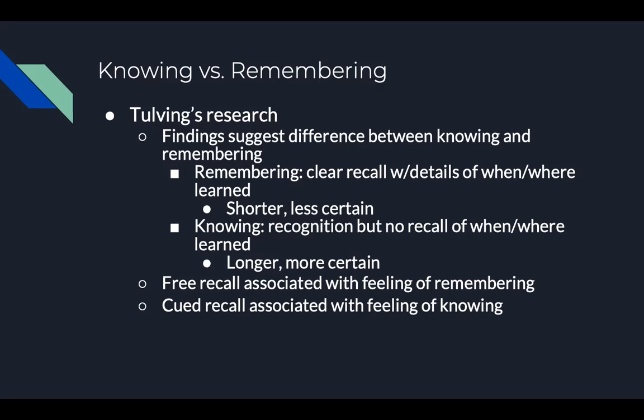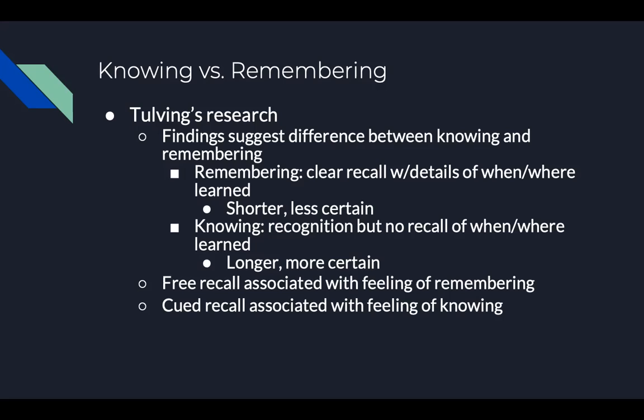And so, interestingly enough, from Tolving's research, we not only saw this reported distinction from participants about knowing and remembering, but we also saw it in connection with their performances as well.